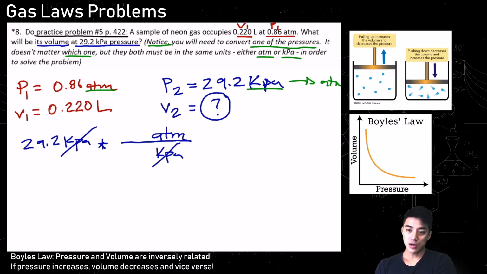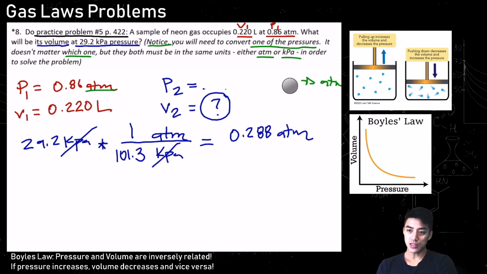Draw a line, make sure the units cancel out top and bottom. 1 atmosphere is equal to 101.3 kilopascals. So take 29.2, divide by 101.3, and let's see what our new atmospheric pressure might be. So 0.288 atmospheres. So we have P2 as a different unit now. Let's go ahead and erase that so it doesn't confuse you. P2 is 0.288 atmospheres.